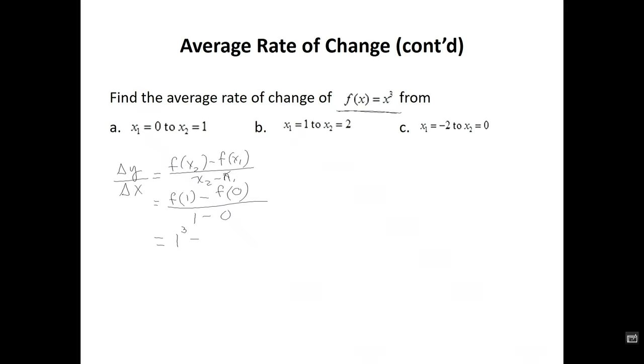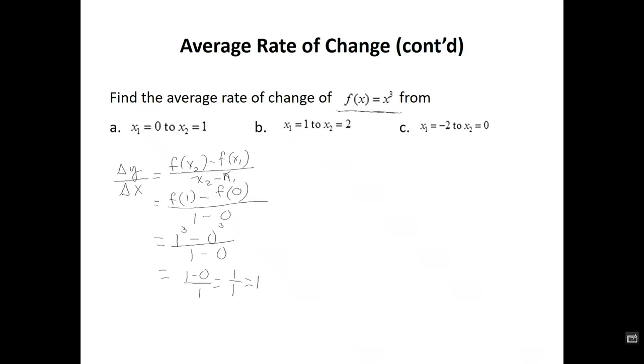F of 0, x is 0, so that's 0 cubed, divided by 1 minus 0. Simplifying, we get 1 minus 0 over 1. 1 minus 0 is 1. 1 divided by 1. So the average rate of change of the function as x goes from 0 to 1 is 1.